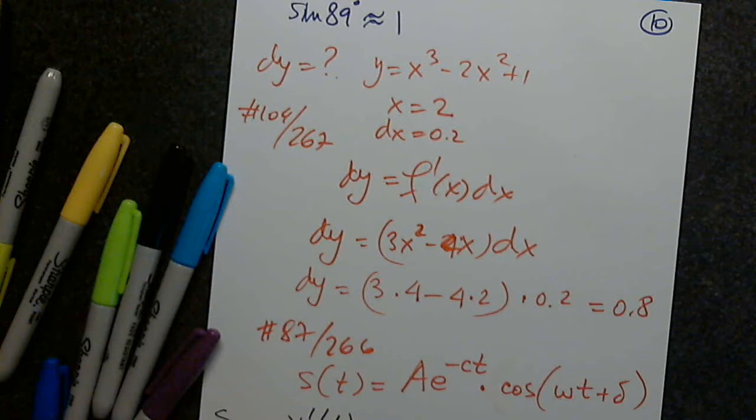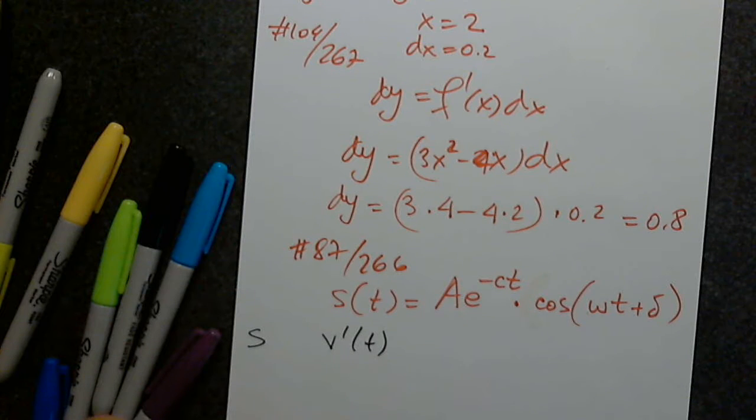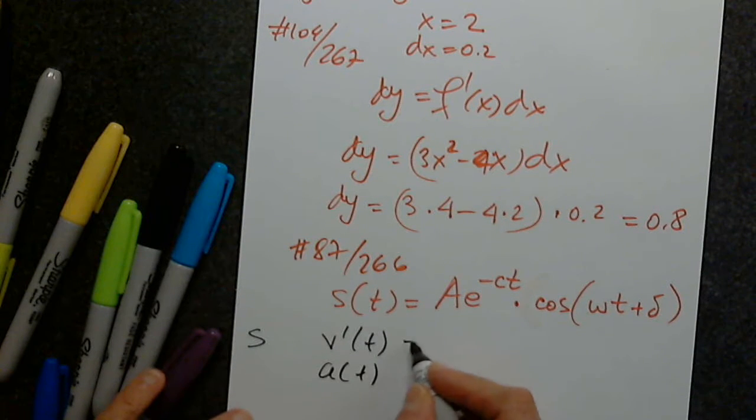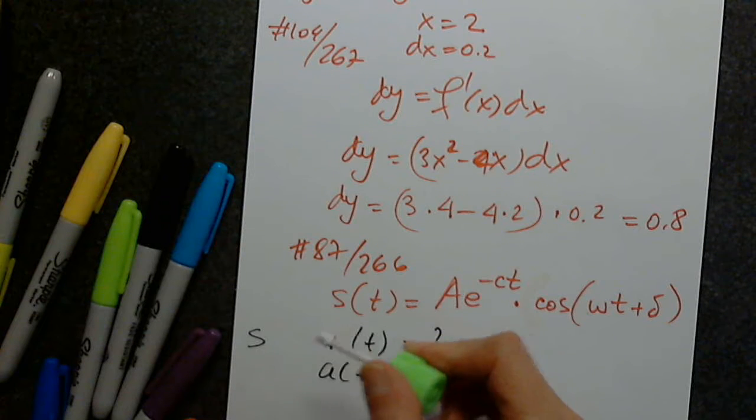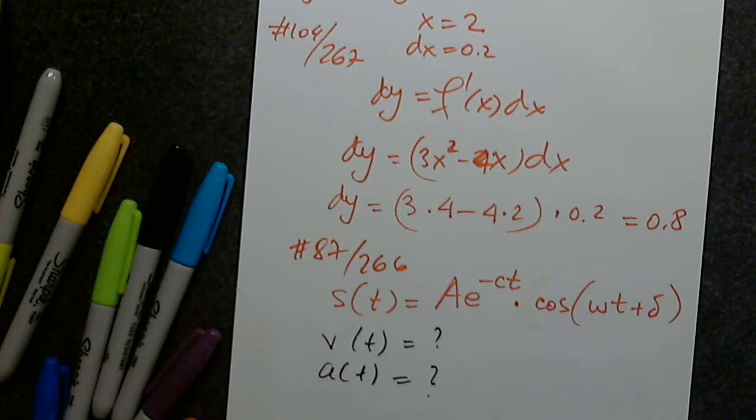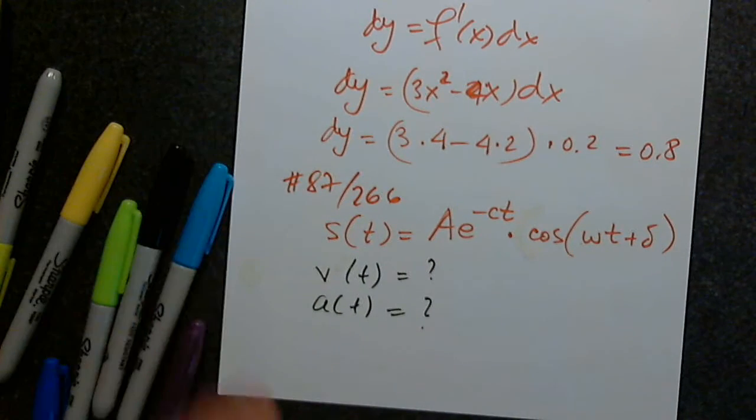Okay, so we are asked to find the velocity and the acceleration for the given motion. So let's work on this for 1 minute. We want to find v and a, the velocity and the acceleration.